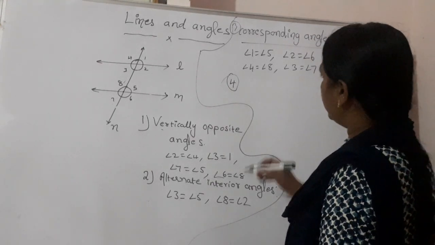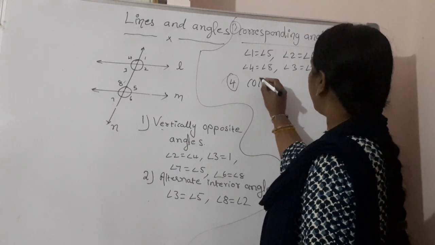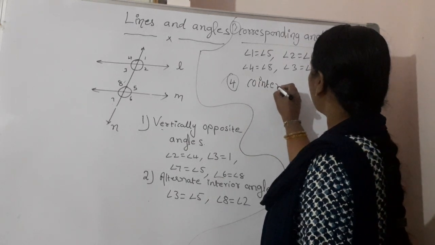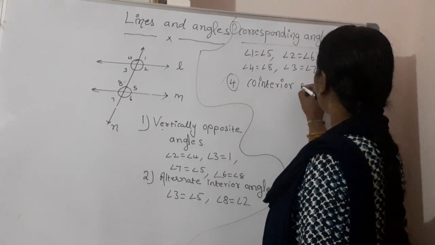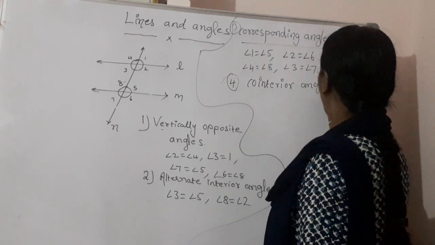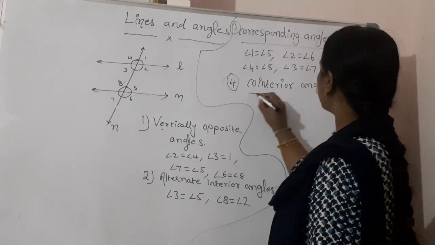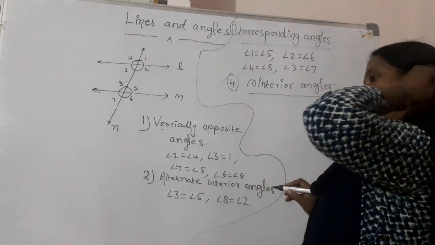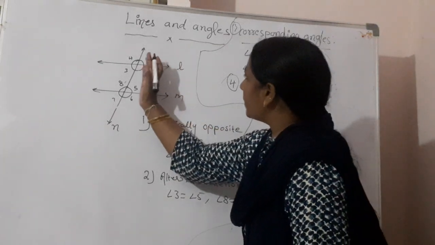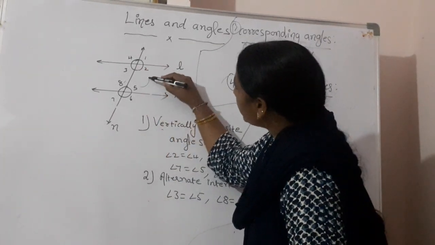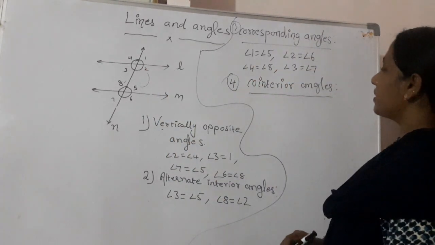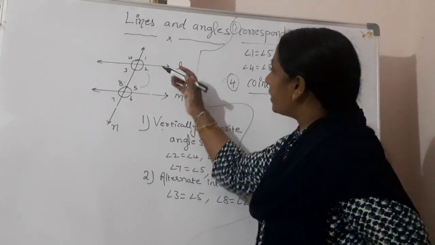Okay, so next, co-interior angles. What are co-interior angles? Co-interior angles are on the same side of the transversal, and the sum of these two is supplementary.